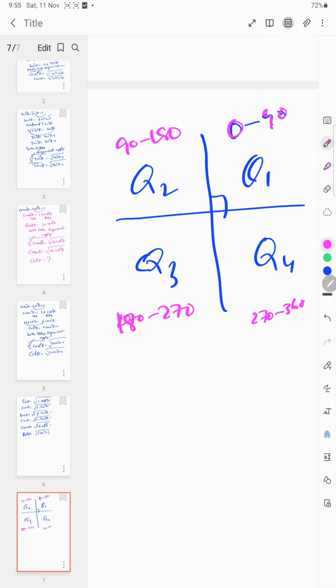And to remember: the first one is All, the second one is Silver, the third one is Tea, the fourth one is Cups.